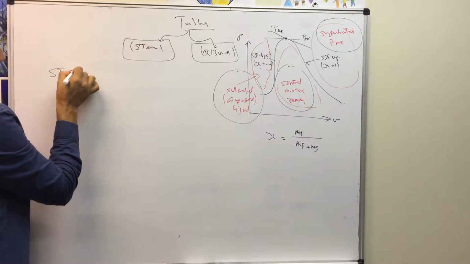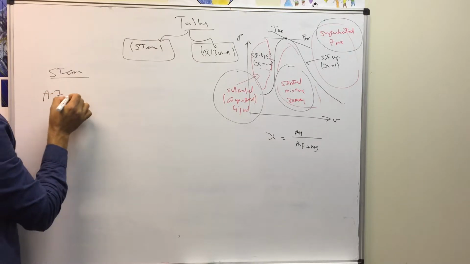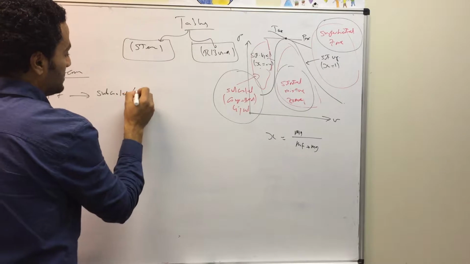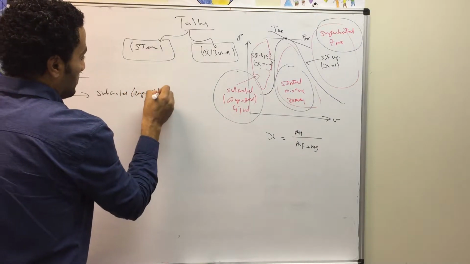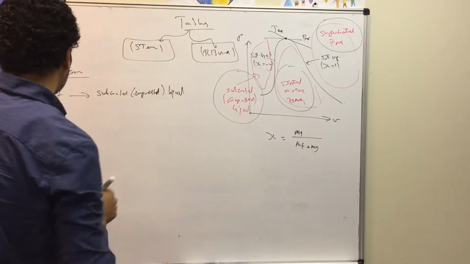For steam, first of all, we have table A7. This is for the subcooled or compressed liquid state of the substance.